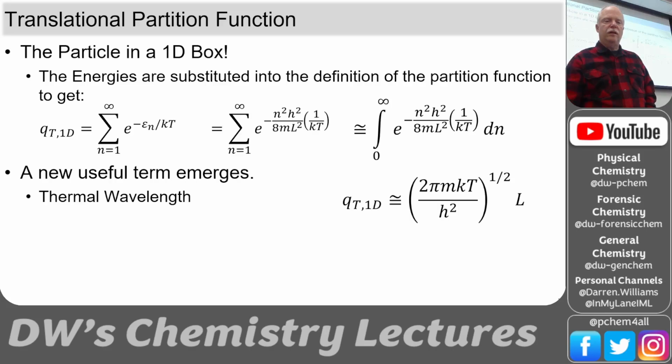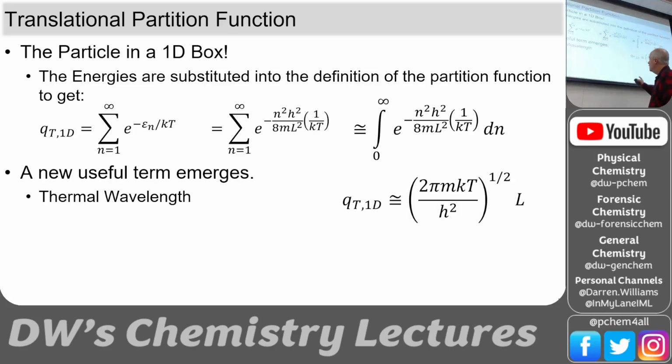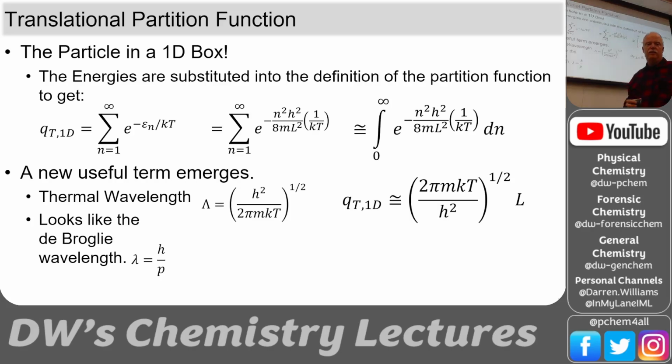Now, this piece here has the units of inverse length, and they're calling this the thermal wavelength. It looks a lot like the de Broglie wavelength, where you have h over p, Planck's constant over the momentum of the particle.